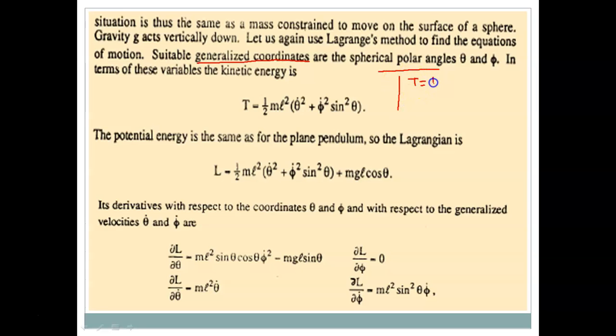Here we obtained the kinetic energy as 1 by 2 m times r dot square plus r square theta dot square plus r square phi dot square sine square theta.